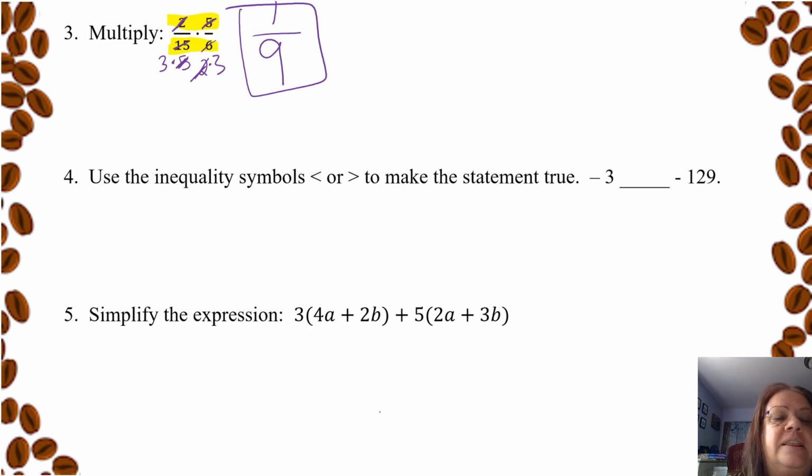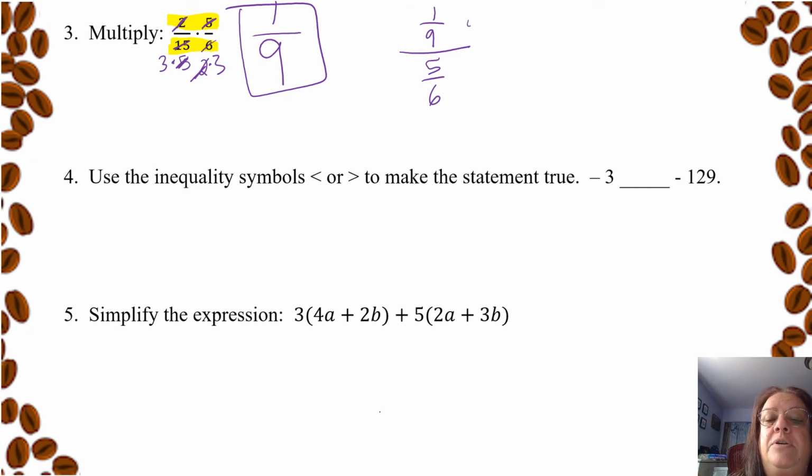Okay, so now we've got to think about how we're going to check that. Well, what we have to do is take 1 over 9 and divide it by one of the two numbers that we just multiplied. So I'm going to do it over the 5 over 6. Now my answer should be the other one, the 2 over 15. So let's see if that's what we get.